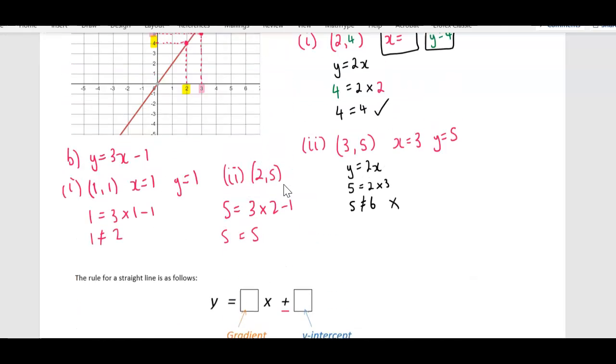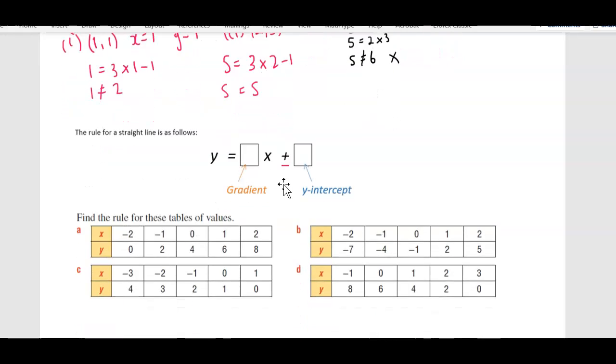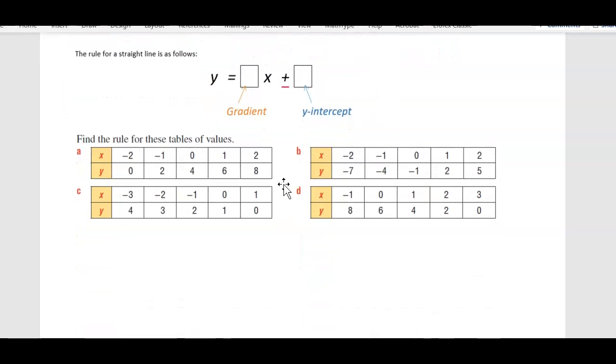So for all these rules we had here, and we're going to have a look at them again later, they all have a gradient and a y-intercept. And when they're written in this form, you can read straight away what that gradient and the y-intercept are. The gradient basically is another word for slope.